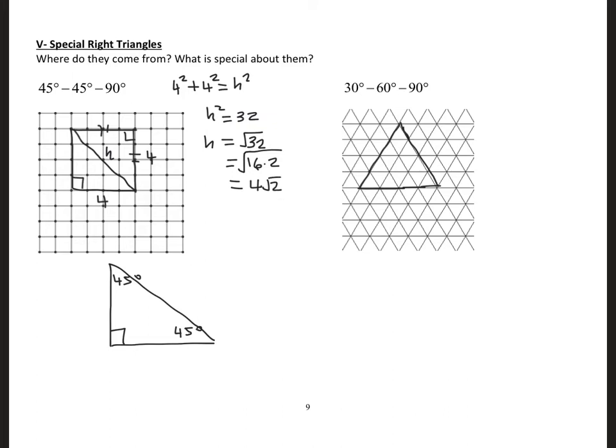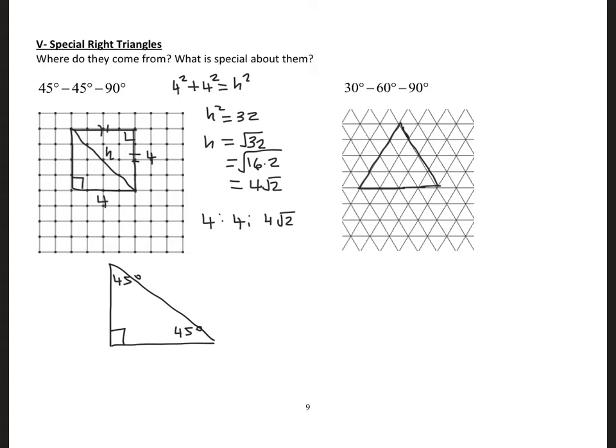So for this particular triangle, the side is 4, the other side, which is congruent, is 4, and the hypotenuse is 4 square root of 2.